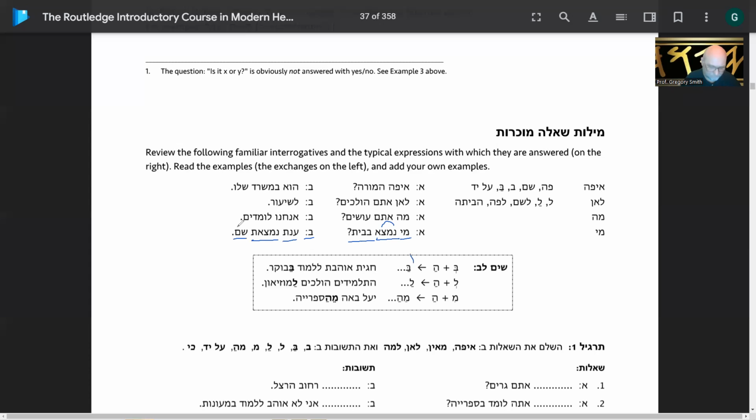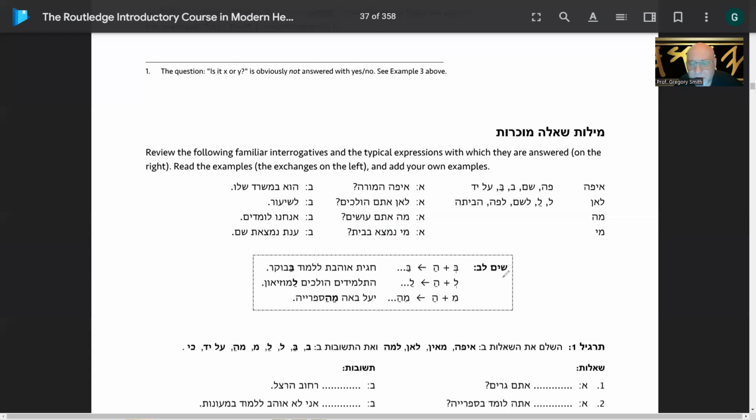Yep. ענת נמצאת שם. Yeah. Anat nimtzet sham. That should be right. Anat is there. ענת נמצאת שם. So it's more like they pronounce it like Anat.